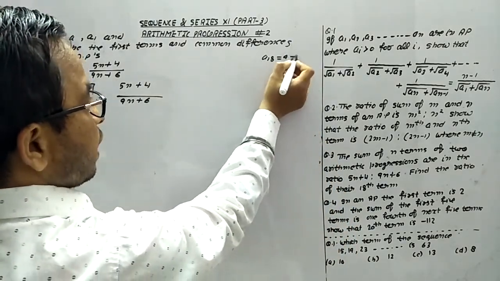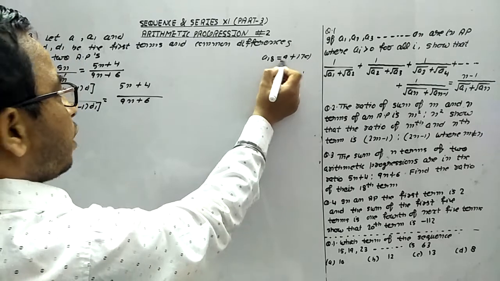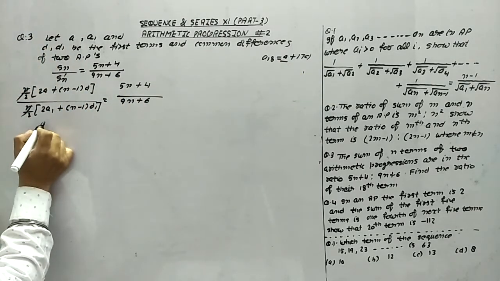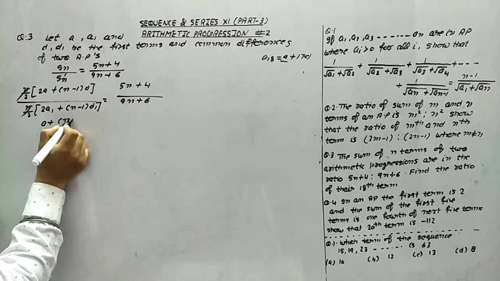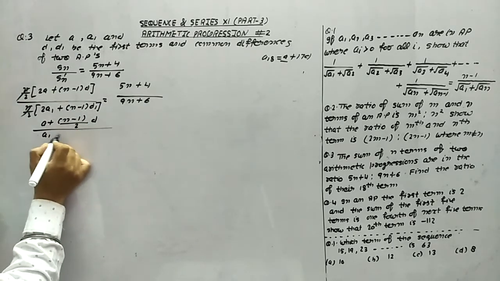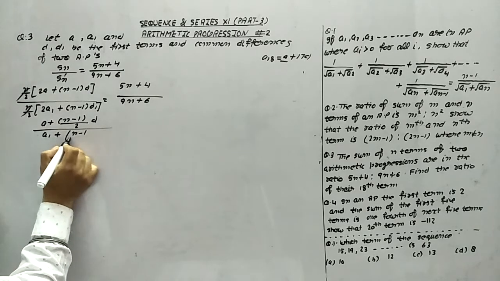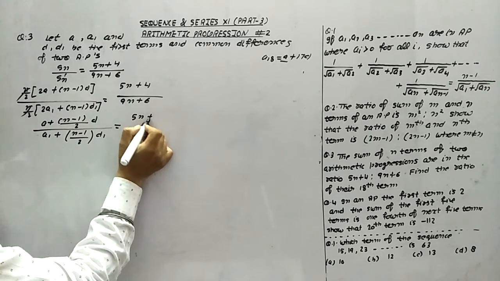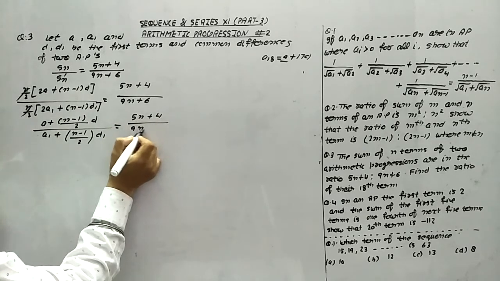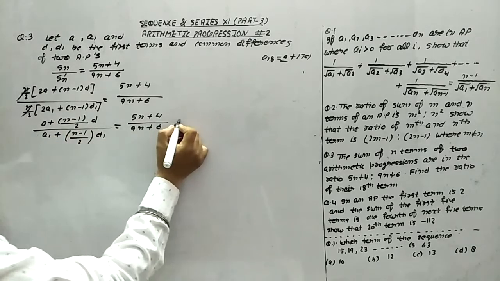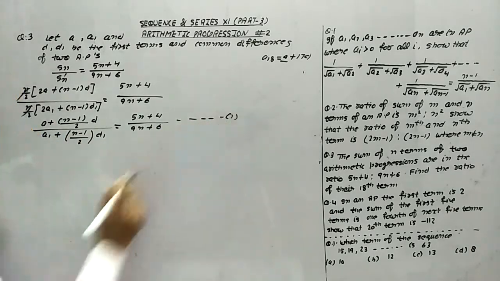A18 means a plus 17d. Therefore we will make it a only by taking 2 common from both sides. It means a plus (n minus 1) upon 2 into d, upon a1 plus (n minus 1) upon 2 into d1, is equal to 5n plus 4 upon 9n plus 6. This is equation number 1.